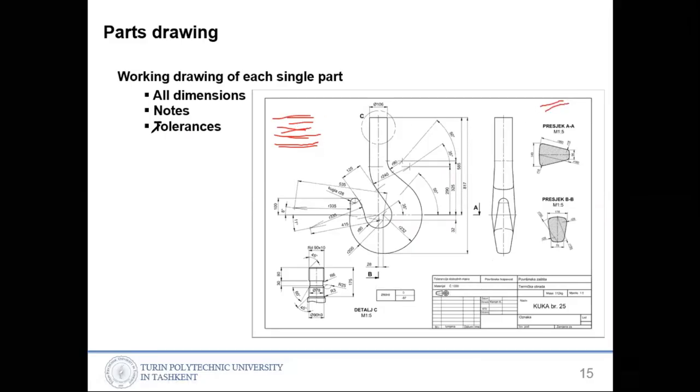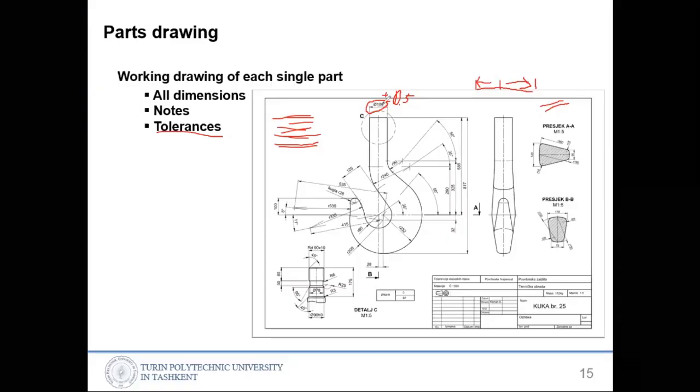And tolerances. Tolerance means that in the drawing, in the dimensions, if you see plus and minus signs, plus and minus 1, plus and minus 0.5, those are tolerances. We cannot produce a 106 diameter exactly. So we have a kind of limitation. It might be a different size than 106.